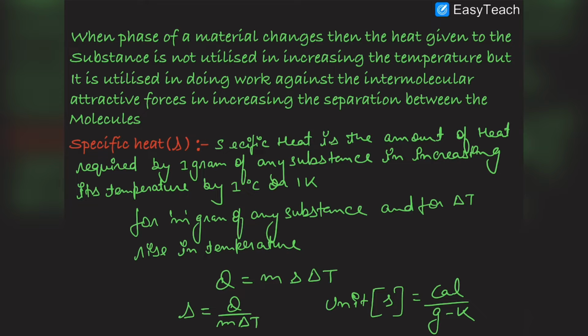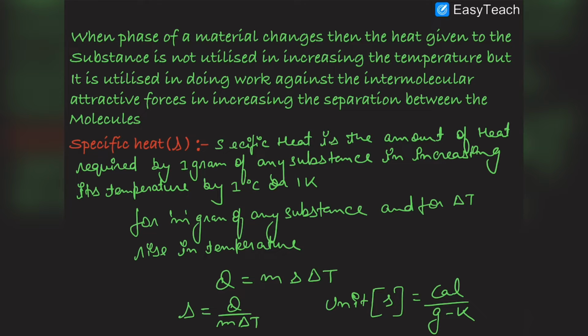Intermolecular forces are always attractive in nature, so the heat used to do work against them is utilized as potential energy, and to change the potential energy means to change the phase of the element.